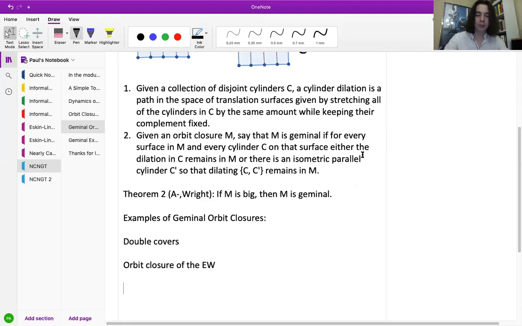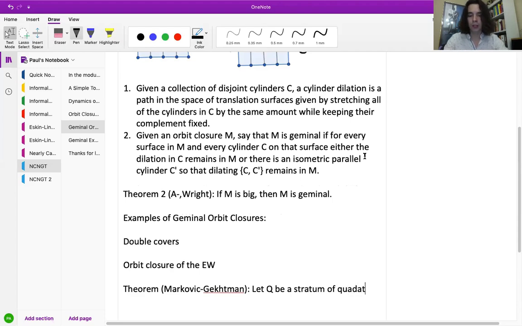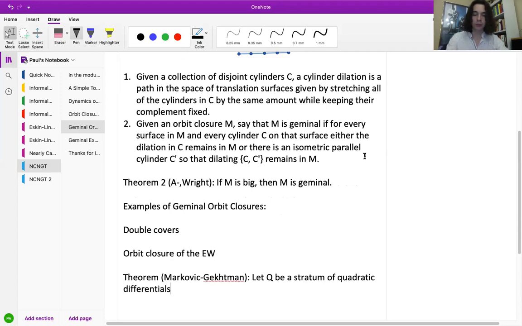One final place where you see geminal orbit closures coming up is studying the complex geometry of Teichmüller space. There's a theorem of Markovitch and Gechtman which says the following: let Q be a stratum of quadratic differentials. I haven't introduced what this is, so if you don't know these words, don't worry, we won't use them in the sequel.